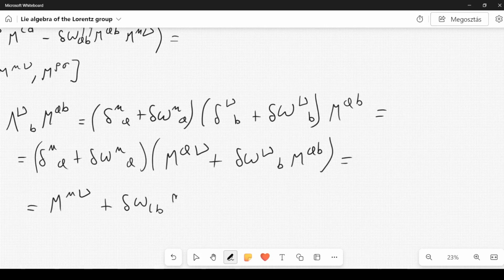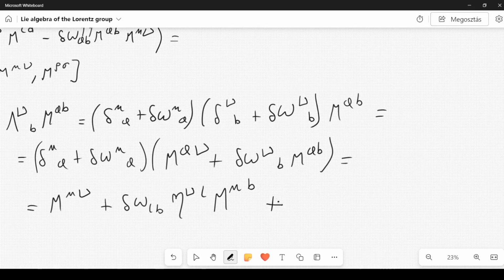Then we use the metric tensor, the Lorentz metric tensor, so eta nu L M mu B. So this comes from the multiplication between this and this.